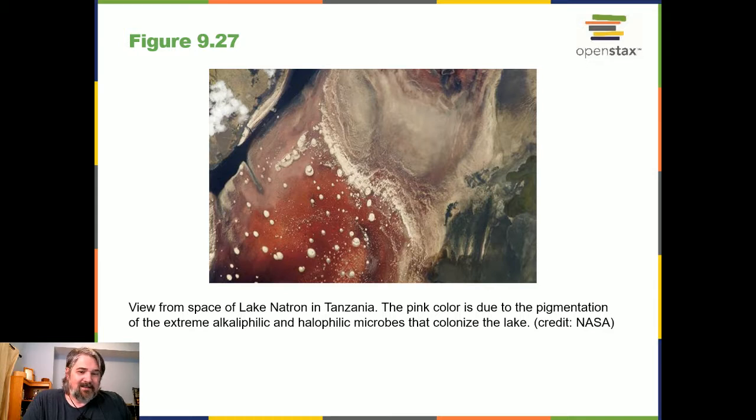That's the pink pigmentation here. Adaptations to living at a high pH like that include modified lipids and proteins and compensatory mechanisms. Bacillus firmus uses a sodium gradient versus a proton gradient, so instead of a proton motive force, it's a sodium motive force, as an example.